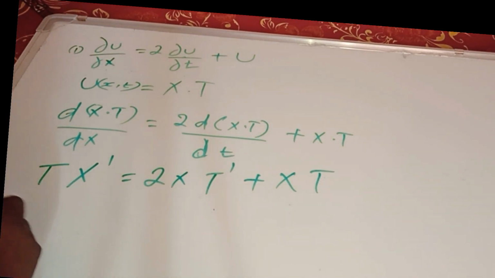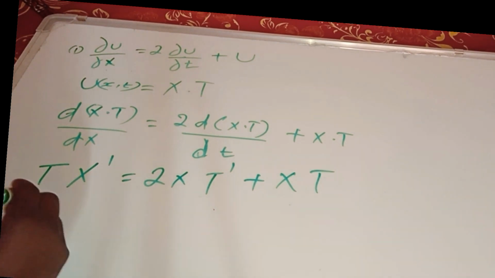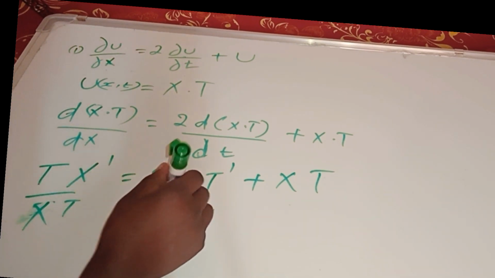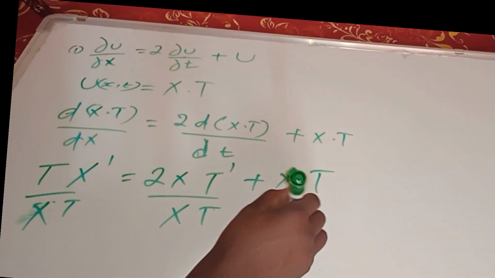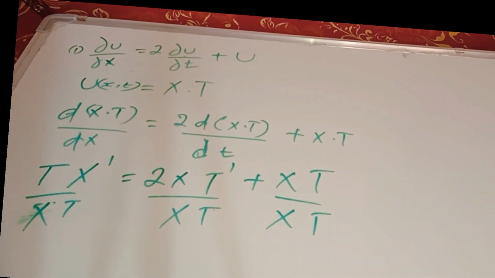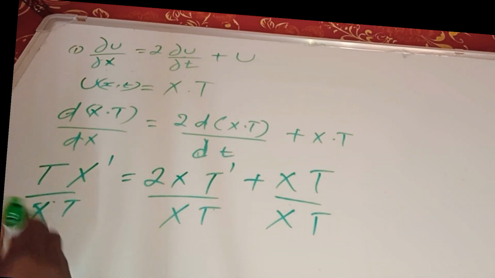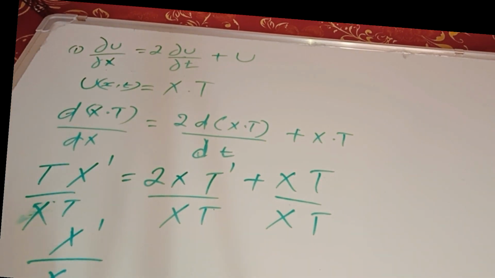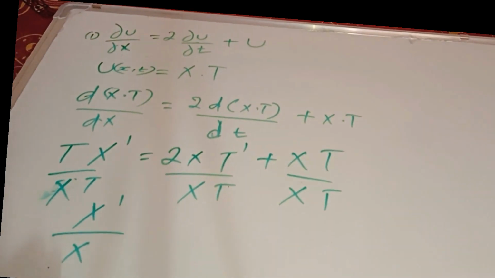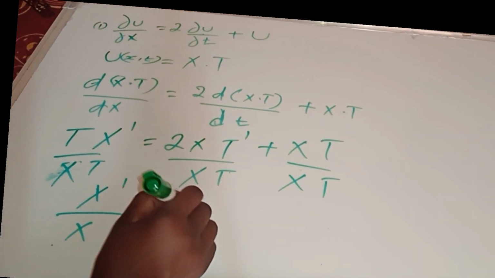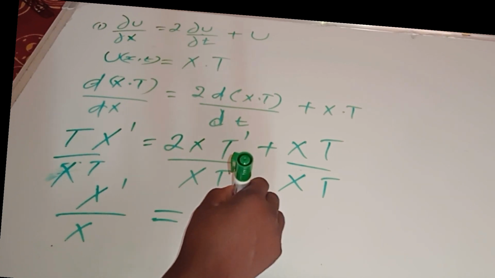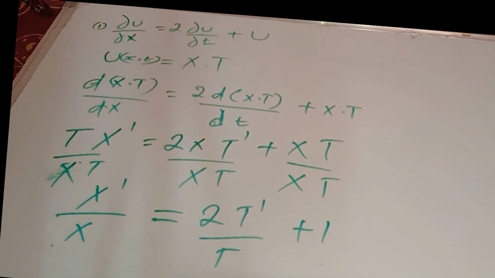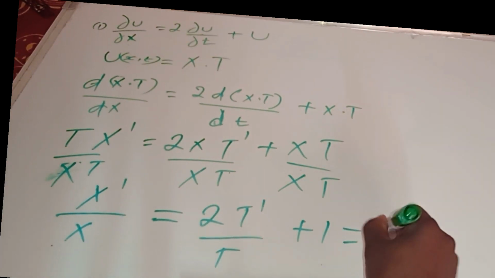Divide both sides by xt to simplify. For t and t cancels, x prime divided by x is equal to 2 t prime divided by t plus 1, which is equal to k.